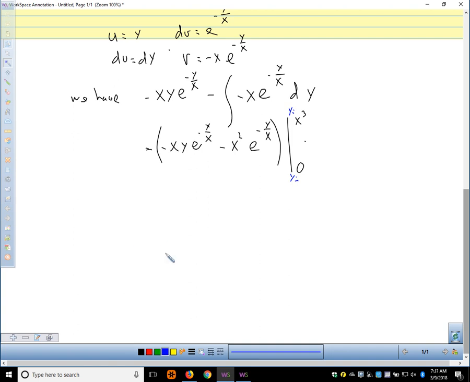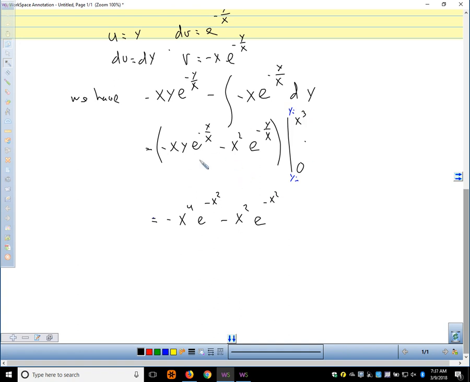So I'm going to write this out. This equals minus x to the fourth e to the minus x squared minus x squared e to the minus x squared.